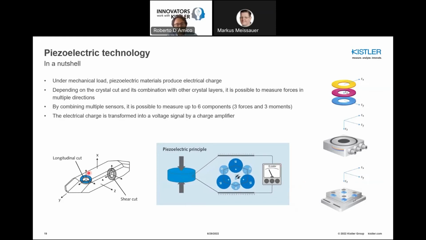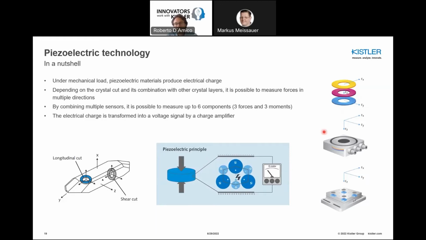Depending on the way you cut your piezoelectric material and on the type of measurement you want to carry out, you can combine multiple layers of crystals, or piezoelectric material layers, in a way that provides you with a charge which is proportional to the load in a certain direction, for example.